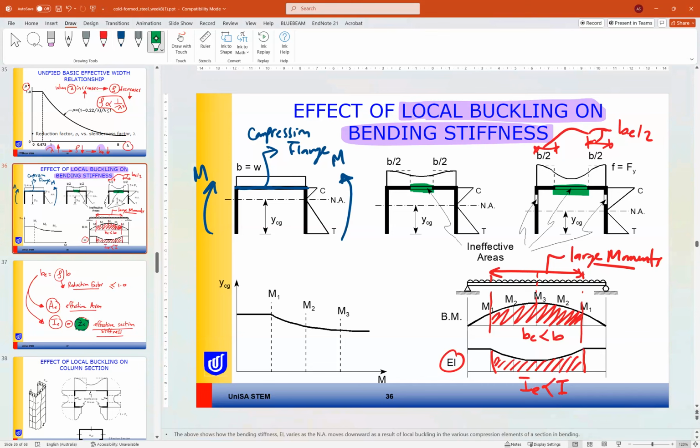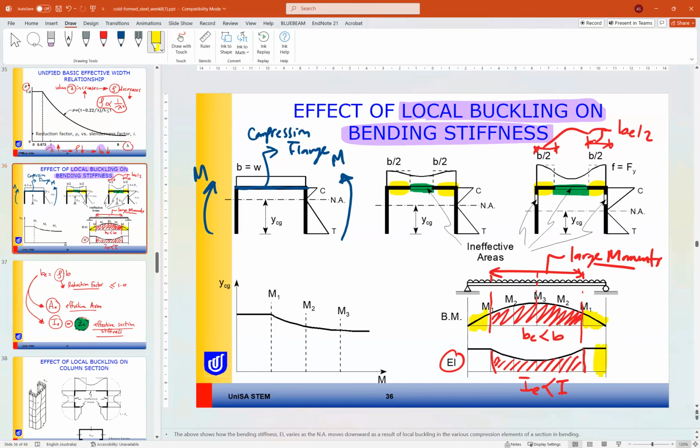However, on the areas on the edges, here and here, due to the moment being too low in this part, we don't have reduction of the width.